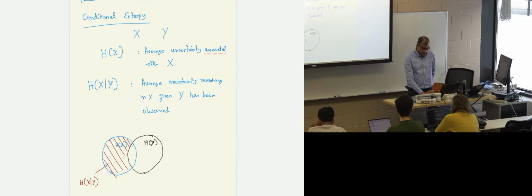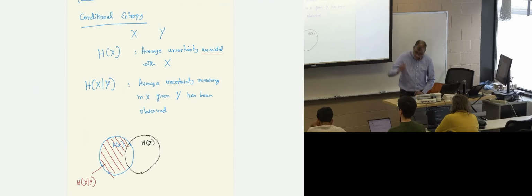So mutual information is basically that particular uncertainty reduction. So let me color that. So this would be mutual information.